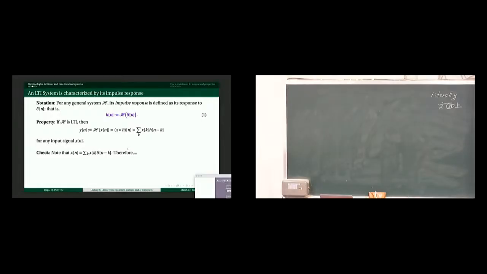That's what we mean. It means that all you need to know about an LTI system is h of n. This is all we need to know about any LTI system, because once you know it, you know how to process the signal. So this is the importance. h of n, all you need to know.